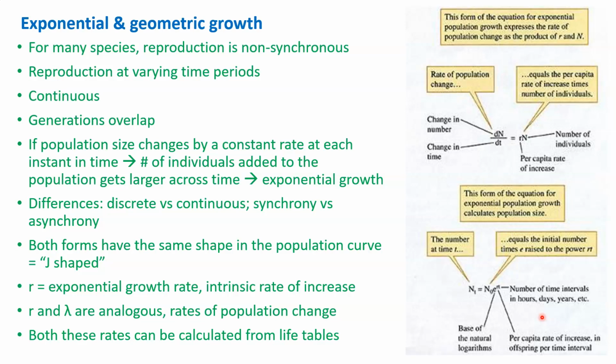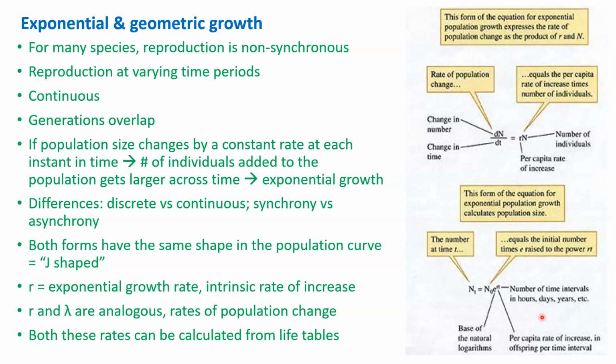Now, because of the continuous reproduction, the absence of discrete reproductive seasons, and since they reproduce non-synchronously, different generations can overlap with each other within the same population.